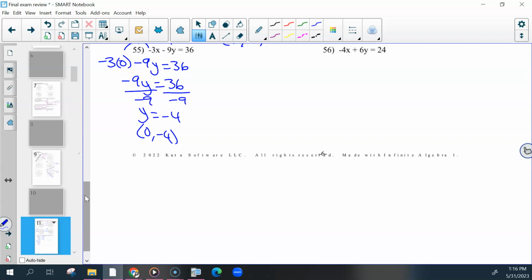Do the same thing for the opposite. Put 0 in for y. It would become 0, so we don't need to bring that part down. And then solve for x.